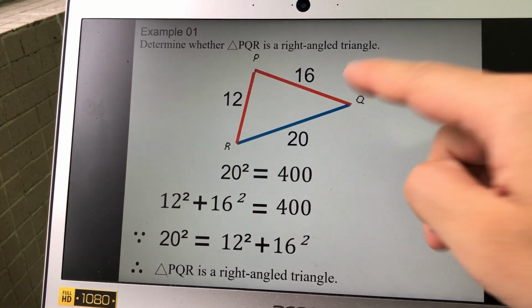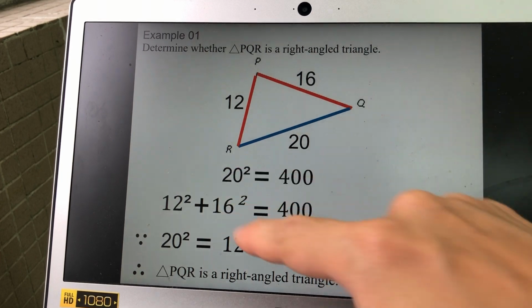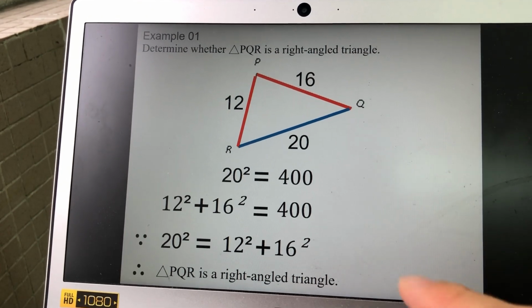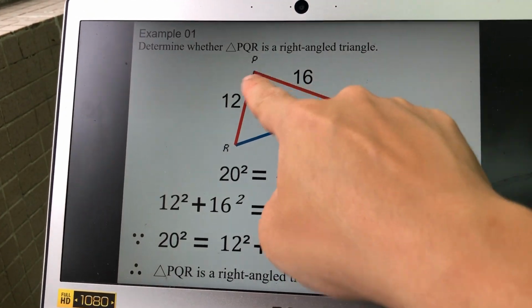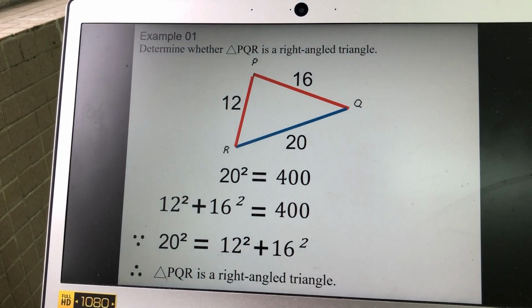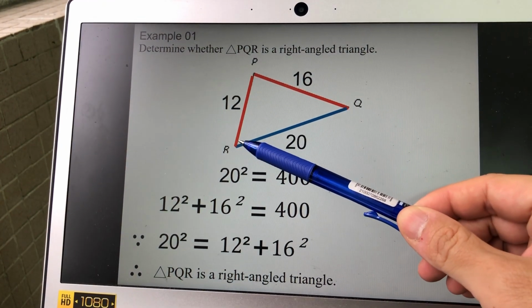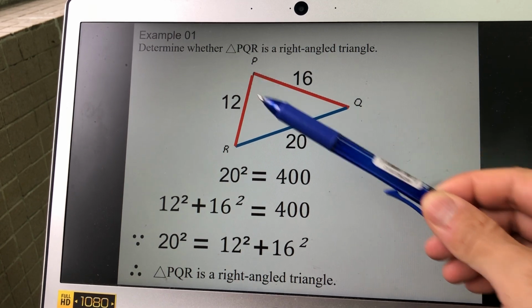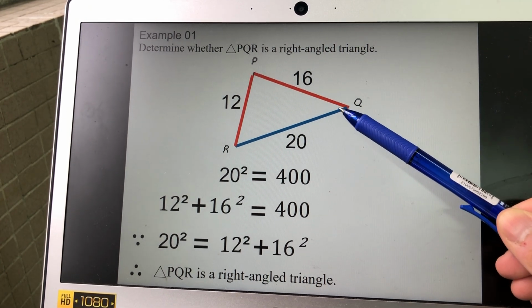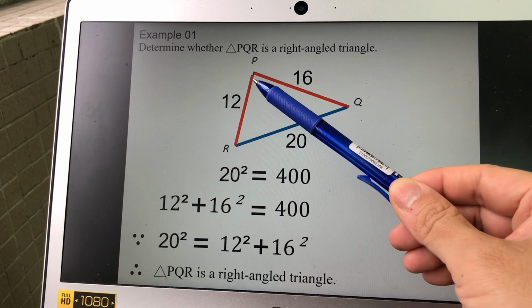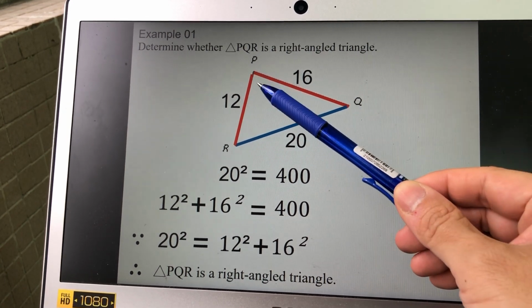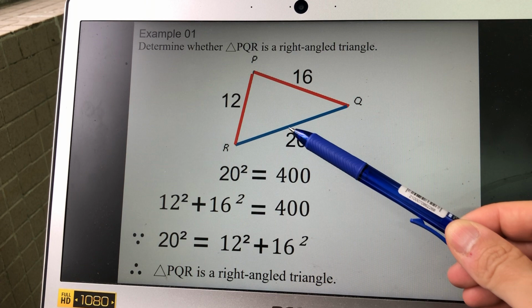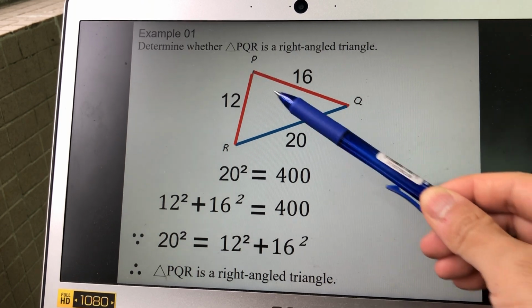Now, we know that this is a right angle triangle. Can you tell me which angle is the right angle? Should it be this angle R, this angle P, or this angle Q? Yes, it should be P, because the right angle should be the one opposite to the hypotenuse.